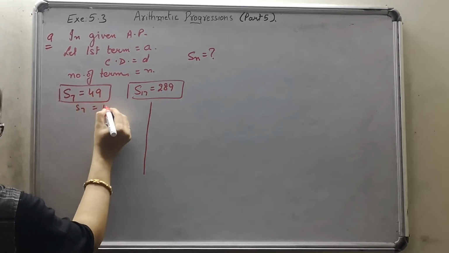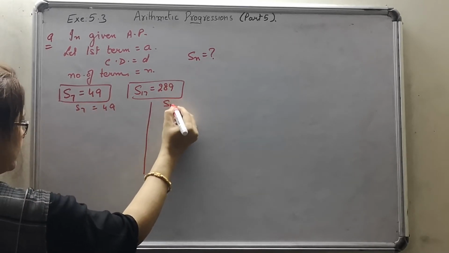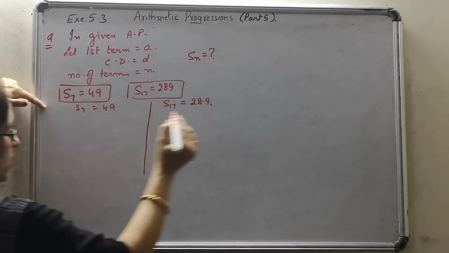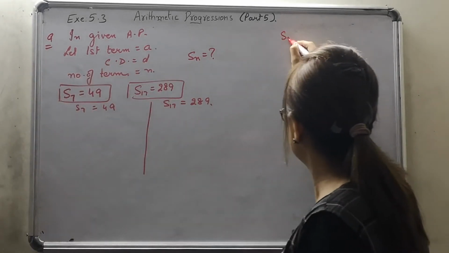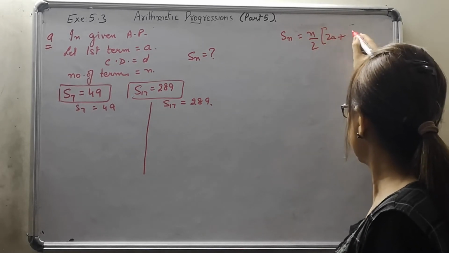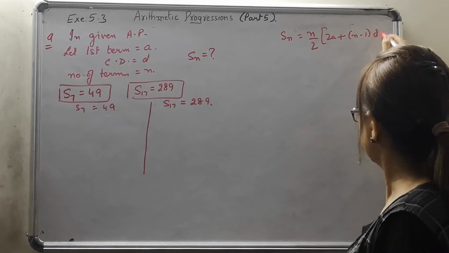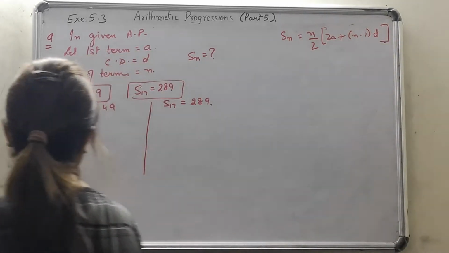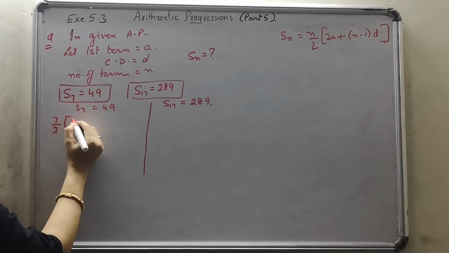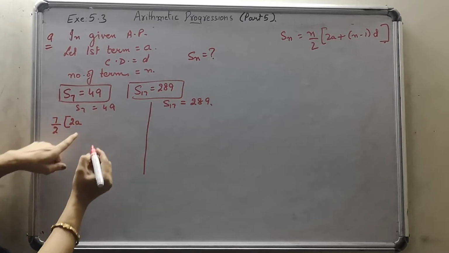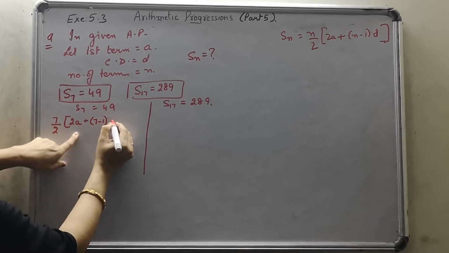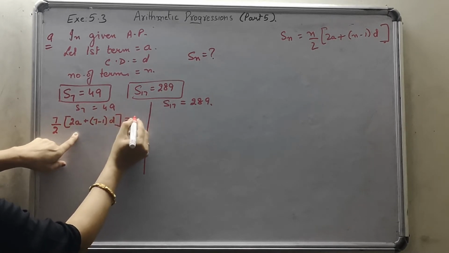S7 is 49 and over here S17 is 289. This is the standard formula that we are going to apply: Sn is equal to n upon 2 into 2a plus n minus 1 into d. So instead of n, I have 7 with me. This will be 7 upon 2, 2a plus 7 minus 1 into d is equal to 49.